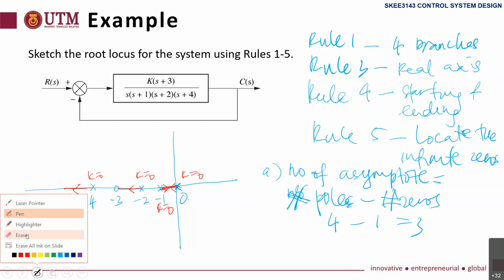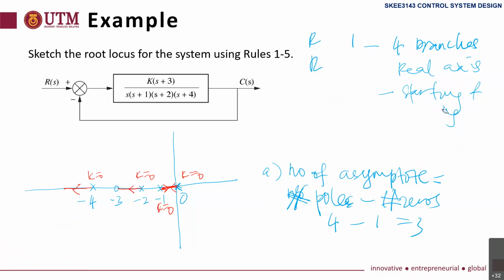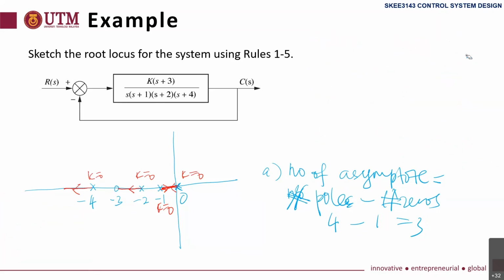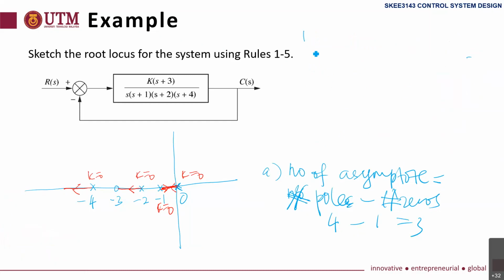Then we move into another formula. Formula B is what we call the real axis intercept. Please refer to your notes from yesterday. It is normally denoted by sigma.